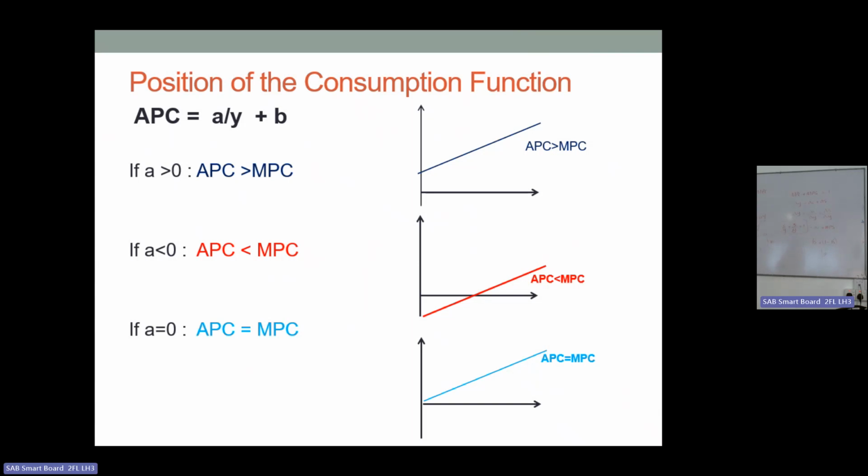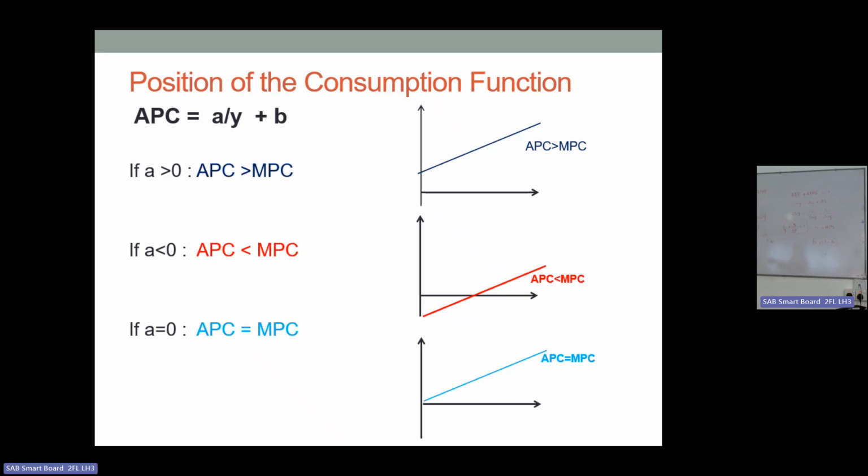basically if you analyze that part, we know that APC, average propensity to consume, equals C over Y, and C equals A plus BY. Substituting the consumption function, finally APC equals A over Y plus B. Now suppose A is positive, autonomous consumption is positive, what happens?